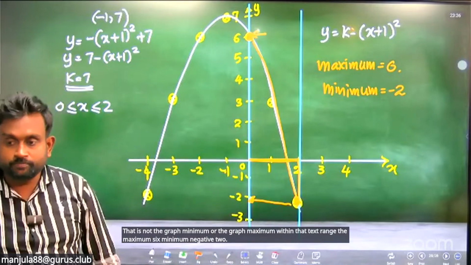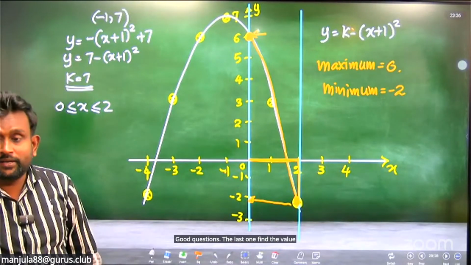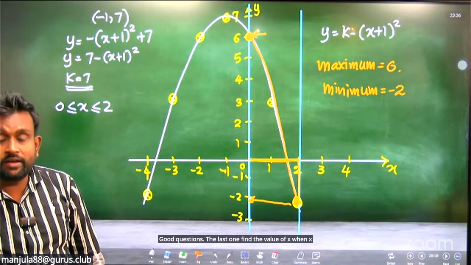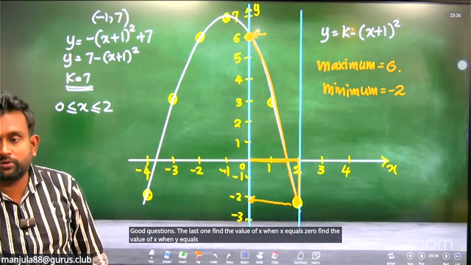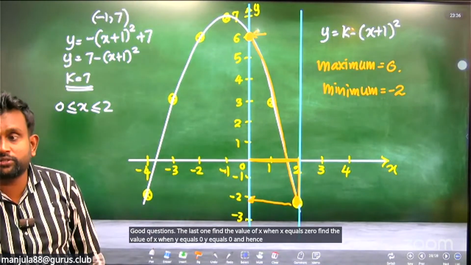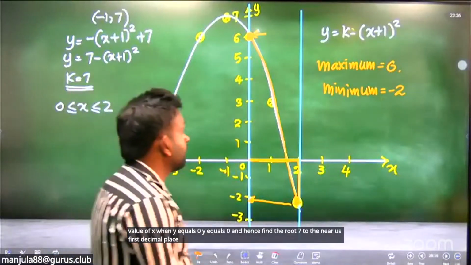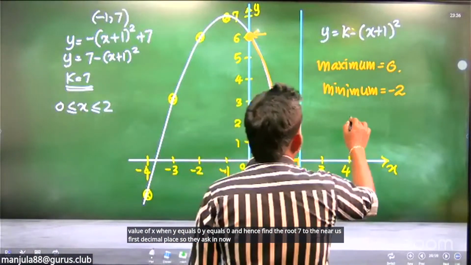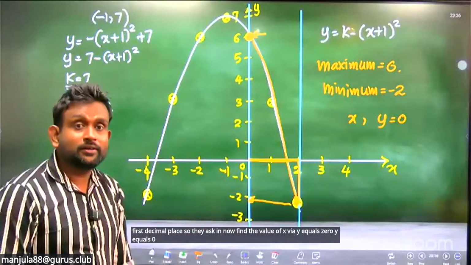Good questions. Then last one, find the value of x when y equals 0, and hence find the root 7 to the nearest first decimal place. So they're asking now, find the value of x where y equals 0. Y equals 0 means where the graph intersects with the x-axis, those are the x values for y equals 0.